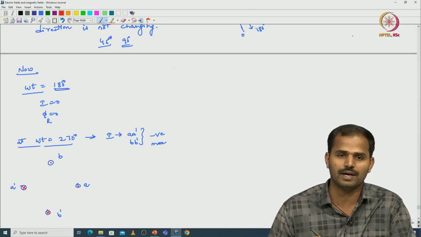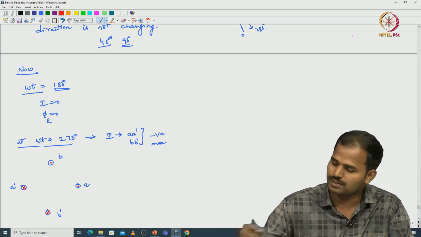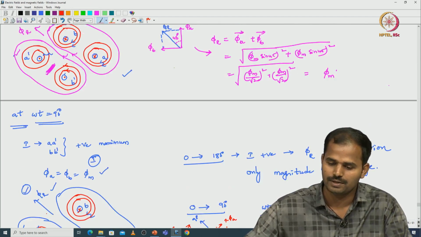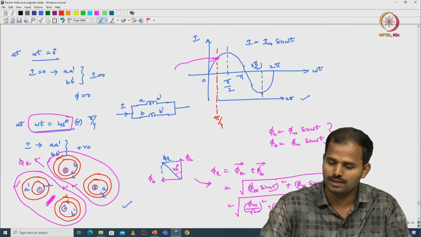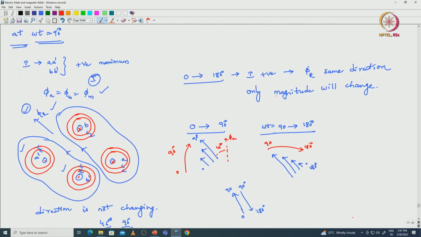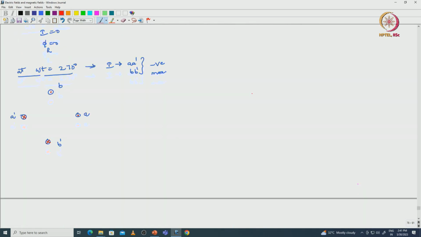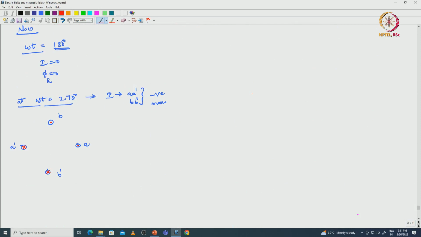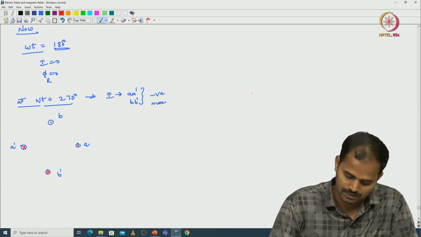We are changing the current polarity because the current has changed now. So, at 270 degrees at this particular point the current is changed, and with respect to that current we have marked the dot and cross.